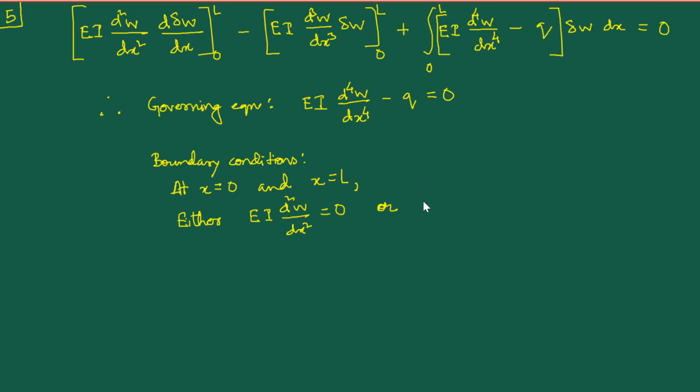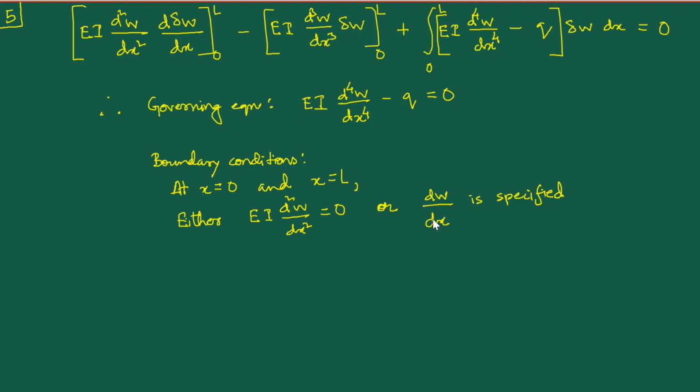So we are not going to say that dw dx is equal to 0. Rather, it is extremely important to write that dw dx is something which is specified to us. It is specified, it need not be 0.